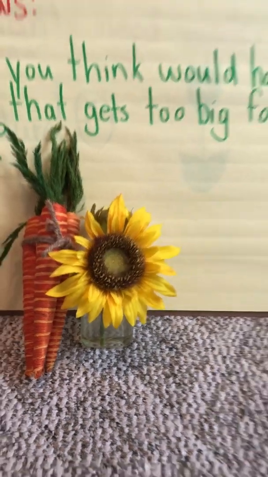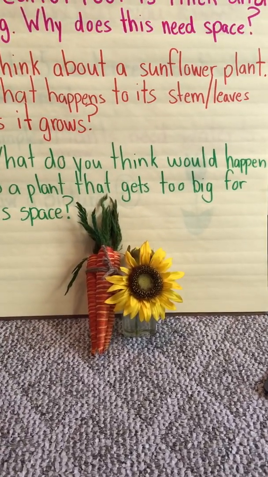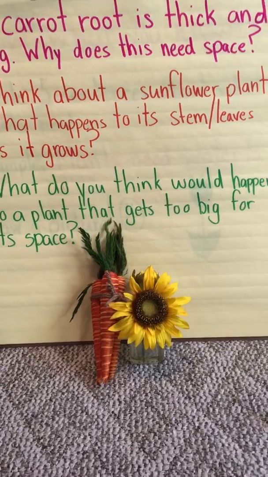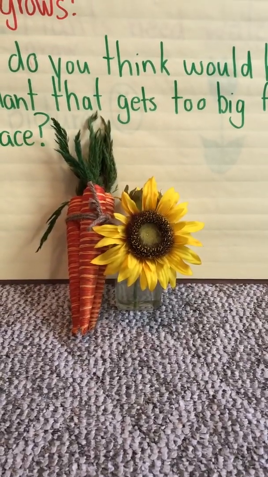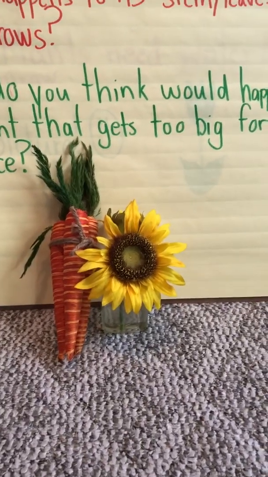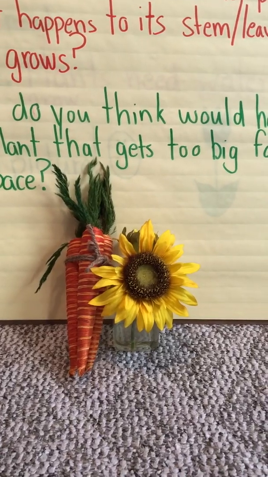Remember when we went around the room, we rose in the east, and then we walked and we set in the west. So sunflowers are pretty cool. They do the same thing when they grow. They slowly move to the direction of the sun, which is pretty cool.